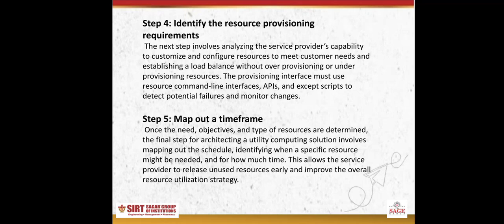Once the need, objective and all types of resources are determined, the final step for architecting a utility computing solution involves mapping out the schedule. Identify when a specific resource might be needed or how much time it is needed. This allows the service provider to release unused resources early and improve the overall resource utilization strategy.